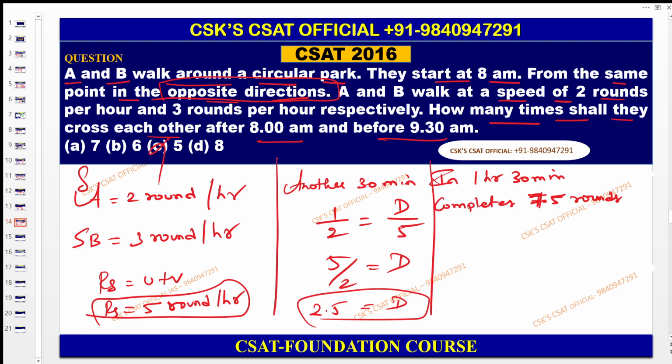Why 7 times? 8 won't be the answer since here itself it is 7.5 rounds only. So 8 won't be the answer. 7 times, so A is the answer. They cross each other 7 times in 1 hour 30 minutes.